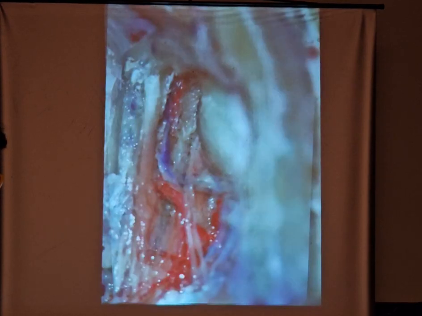To see this artery, we have here to separate the superior oblique muscle from the medial rectus muscle, and we can guess that we have here the posterior ethmoidal artery, and here the anterior ethmoidal artery reaching the anterior and posterior foramen.